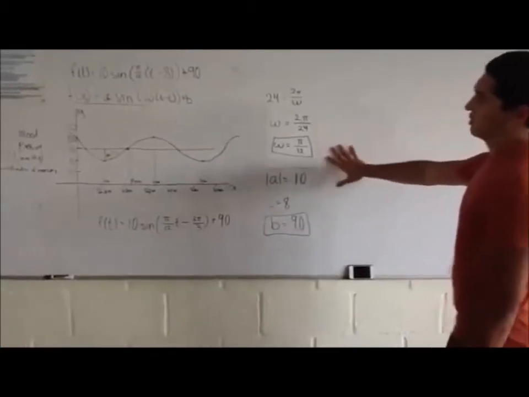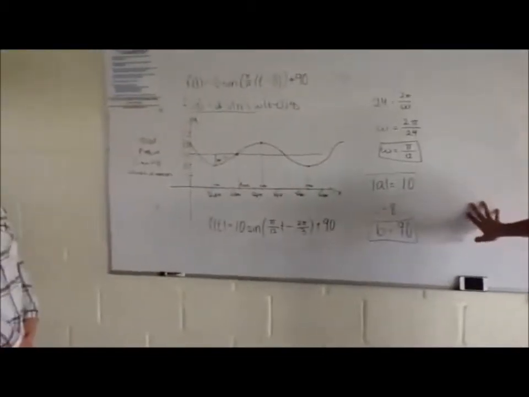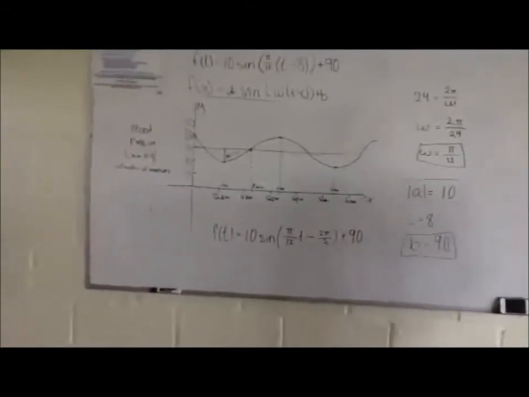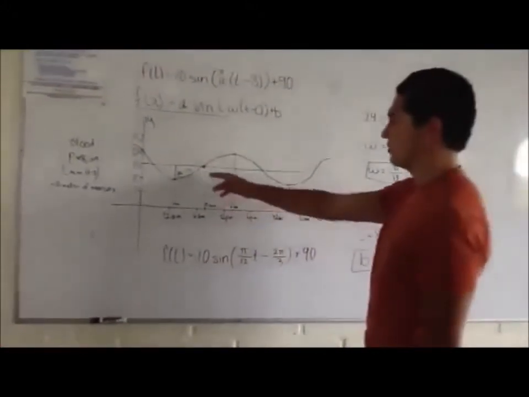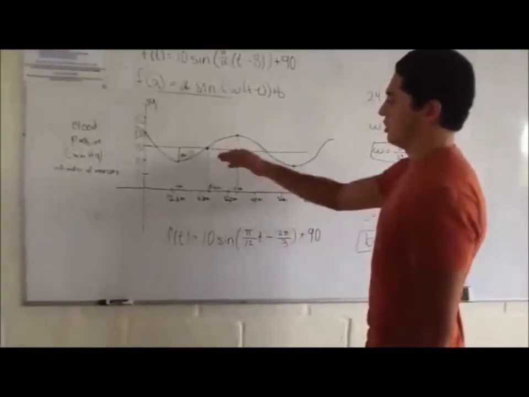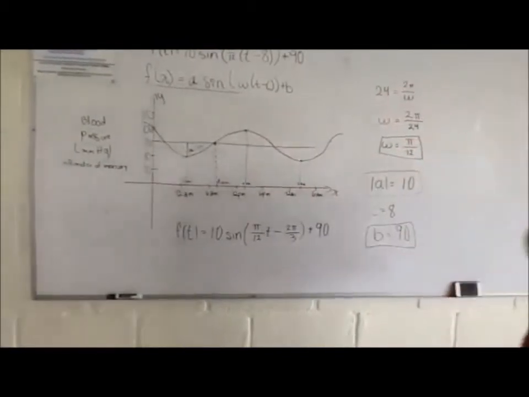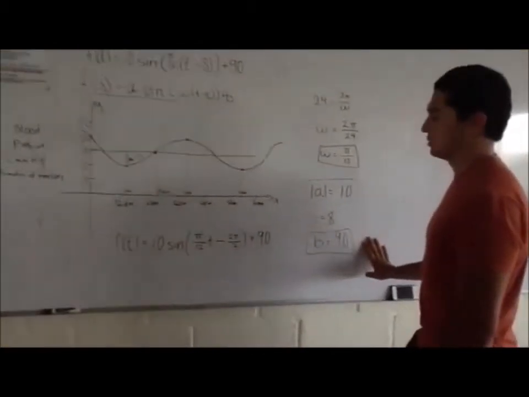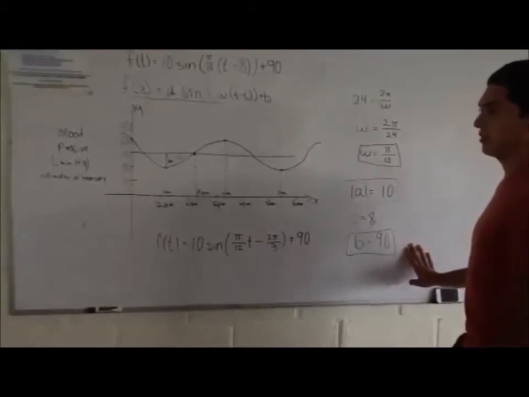For the amplitude, the distance from the equilibrium axis to the highest or lowest point is 10, as we can see here in the graph, from 90 to 80 or to 100. So the vertical shift is the equilibrium axis, as I already said.